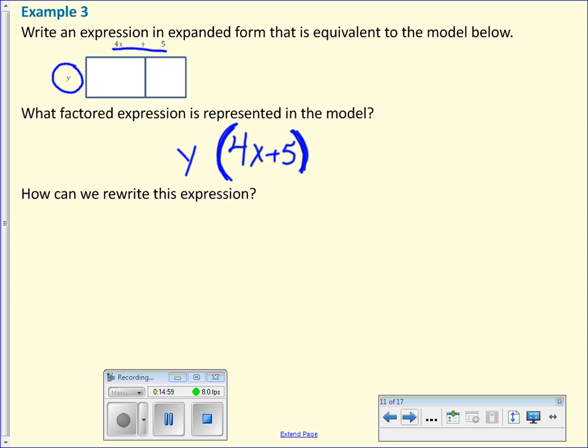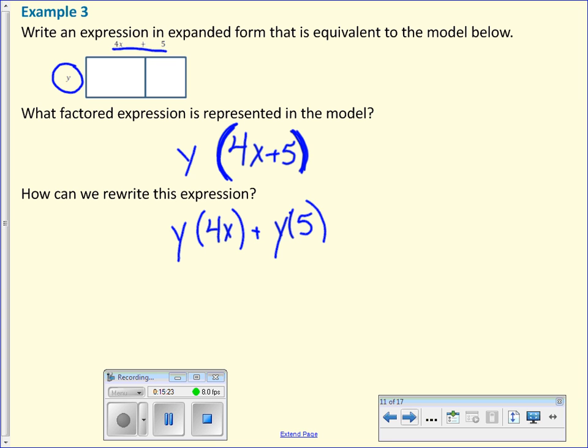Any questions on how I wrote that expression from that model? Now, we just finished writing that we could multiply everything inside the parentheses by that number on the outside of the parentheses. So how would I do y times 4x plus y times 5?